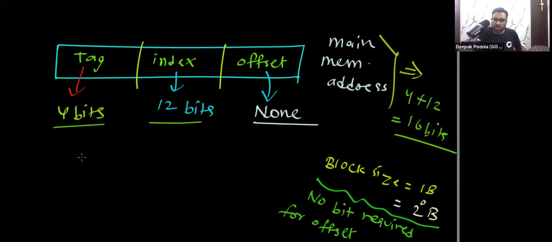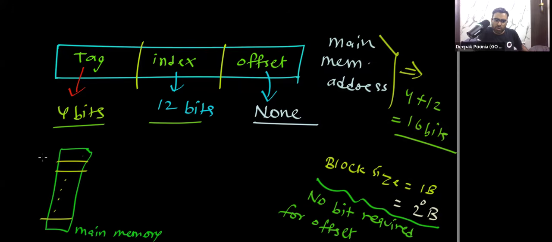16 bits means total we have 2 power 16 locations in the main memory. Yes or no? This is the main memory, and you can see for address we need 16 bits. That simply means total we have 2 power 16 locations. Yes, correct?